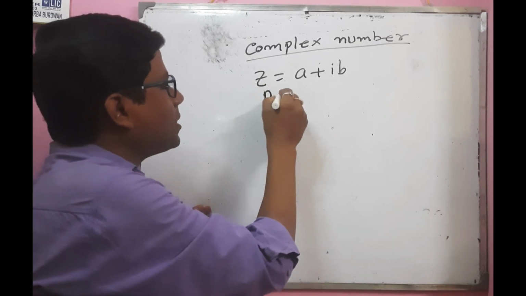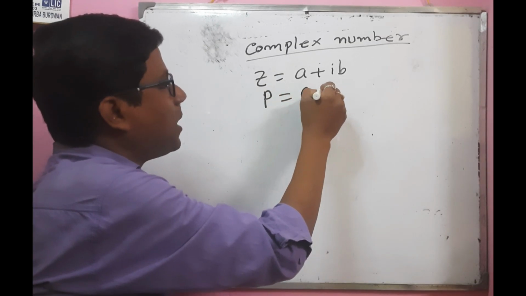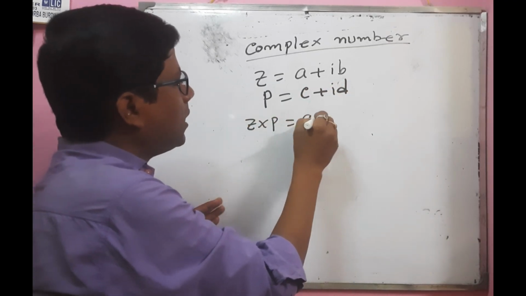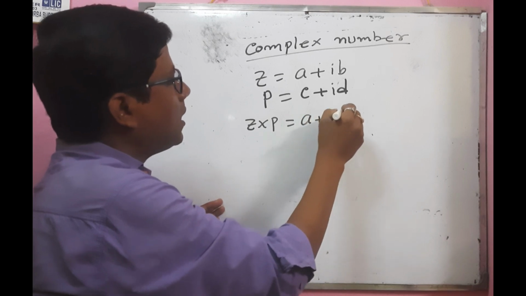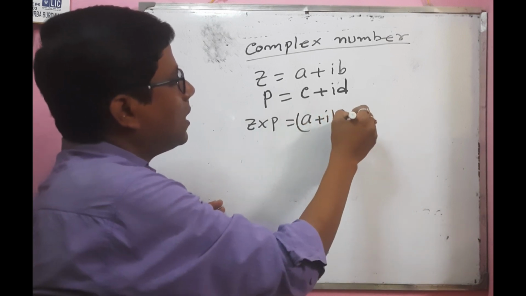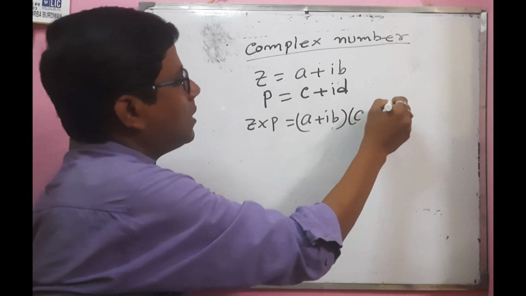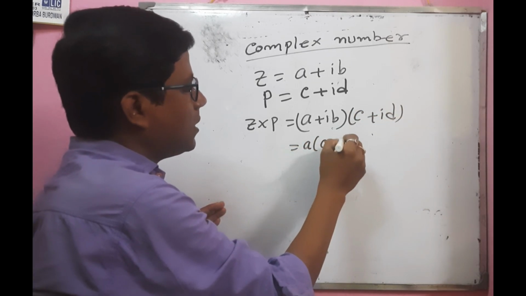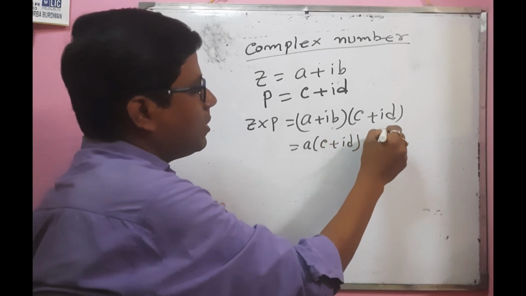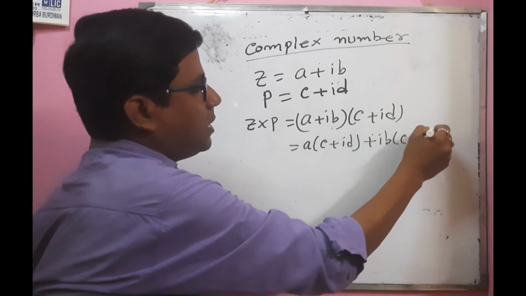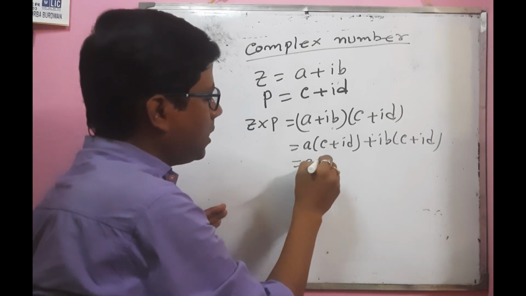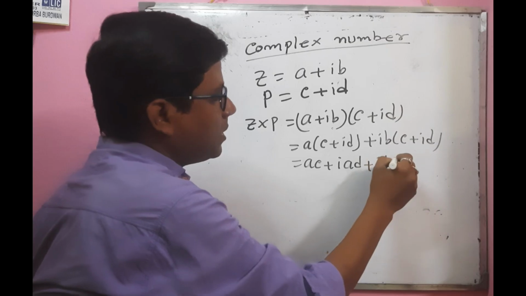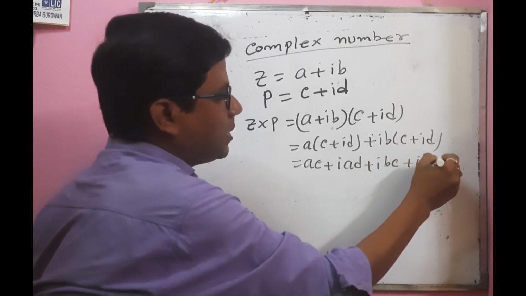Suppose another complex number P is equal to C plus iD. Now Z multiplied with P, then we get A plus iB and C plus iD, then A times C plus iD and iB times C plus iD, which is AC plus iAD plus iBC plus i squared BD.